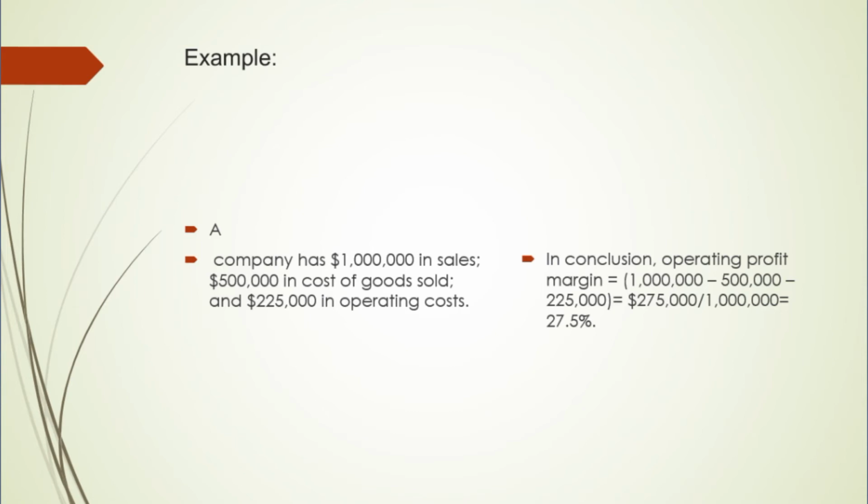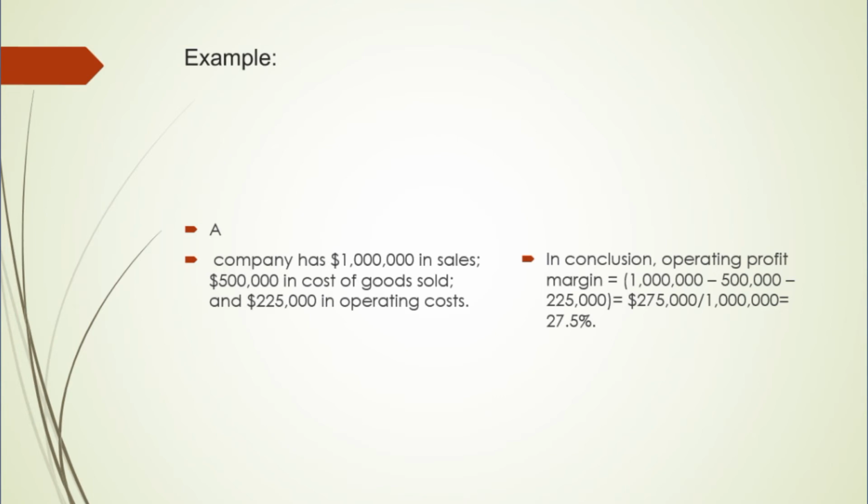In conclusion, operating profit margin is equal to $1 million minus $500,000 is equal to $500,000. The $500,000 minus $225,000 is equal to $275,000.